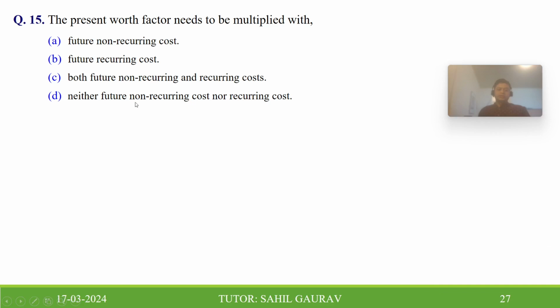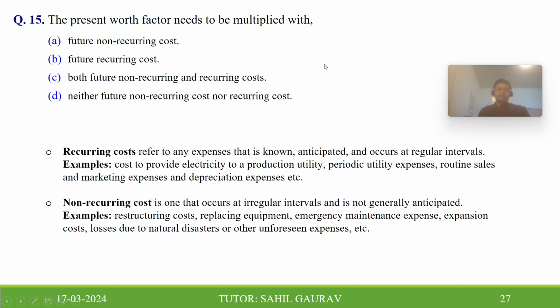So of course, both repetitive and non-repetitive costs are included. So C option is correct. And if you see, recurring costs refer to the expenses that are known, anticipated and occur at regular intervals. You may say it as repetitive cost. Examples are the cost to provide electricity to production utility, periodic utility expenses, routine sales and marketing expenses, and depreciation expenses, which are repetitive types of cost.